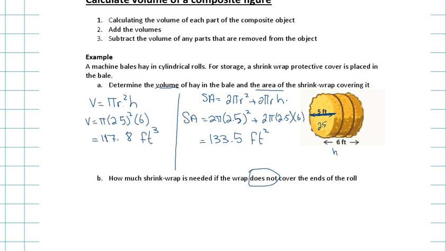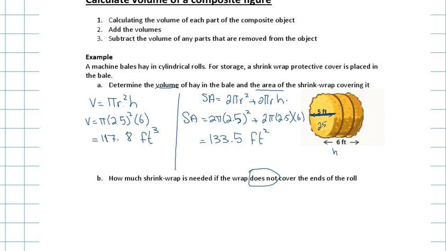If it's not covering the ends of the roll, what do we call this face? The lateral face, right? It's not covering the two circles. It's only covering the lateral face. So what part of the formula am I looking at? That's the lateral surface, 2 pi r h.